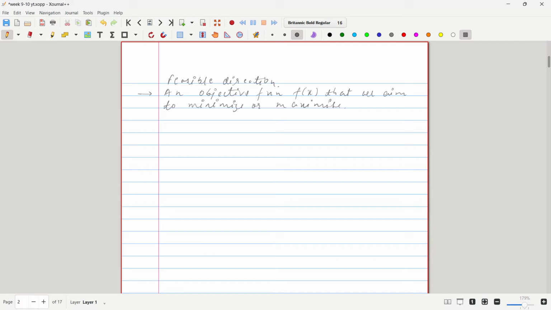Along with the objective function there will be a constraint function, like a function g(x). It can be an inequality constraint or an equality constraint.